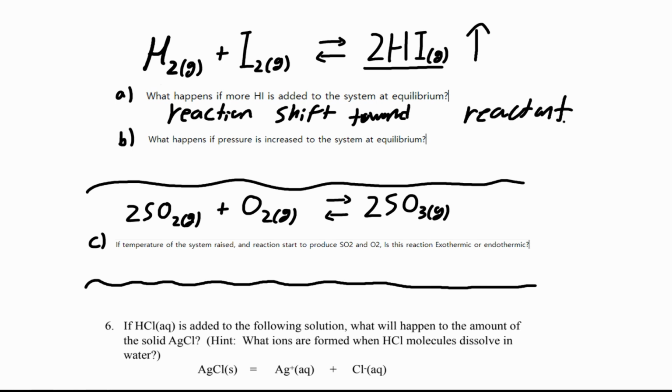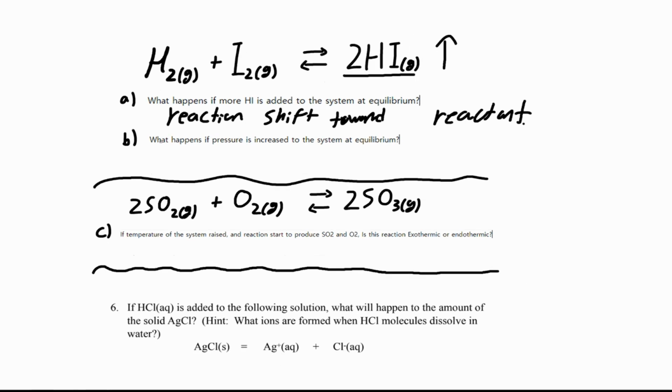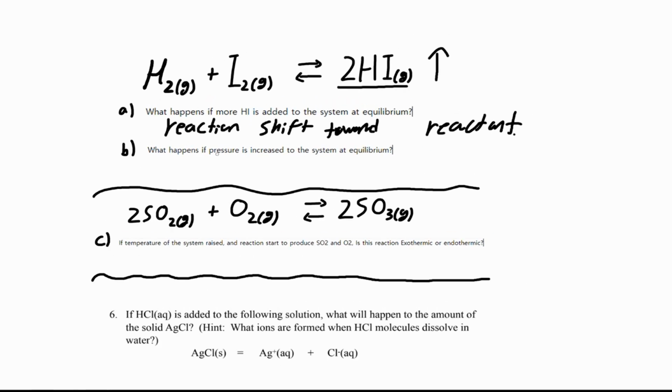So now let's get the next question. What happens if pressure is increased to the system at equilibrium? Because we're dealing with pressure, I'm first going to calculate the amount of moles of gases on each side. So we have 1 mole of hydrogen gas and 1 mole of iodine gas. So in total, we have 2 moles of gas.